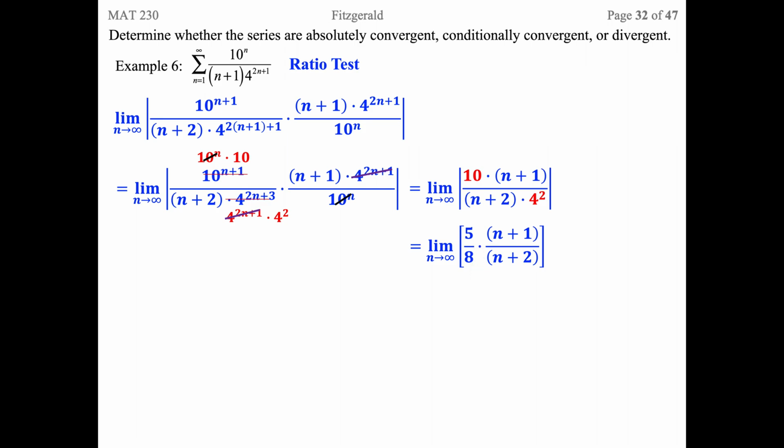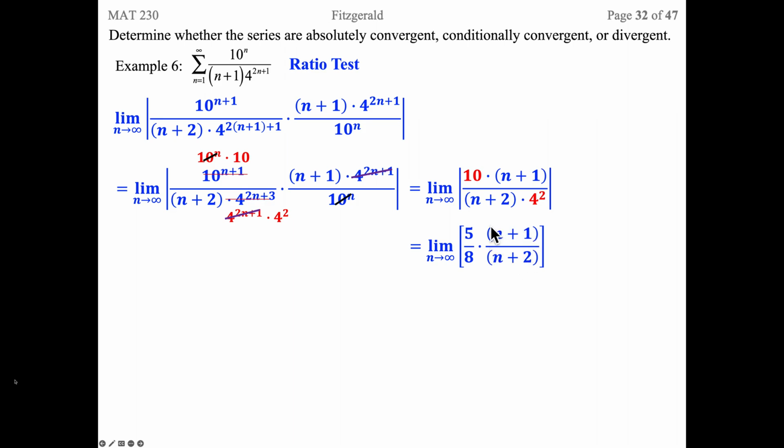So again, you could put the 5/8 in front of the limit if you wished. We can leave it here. You could multiply it through. But in either case, when you do take the limit here, looking at this polynomial rational function here, n to the first over n to the first, when you have the same powers top and bottom, you're heading towards the ratio of the leading coefficients, which is 1 over 1.